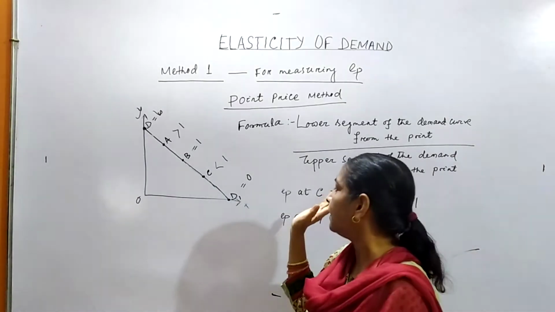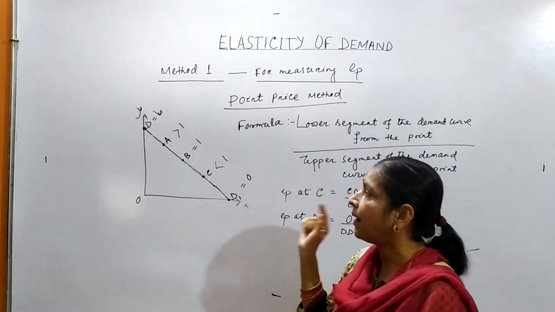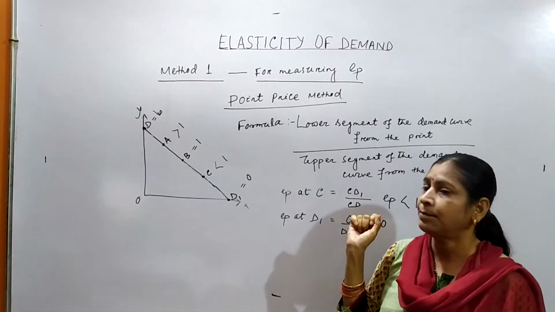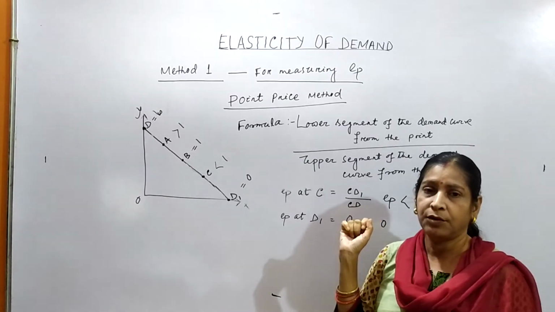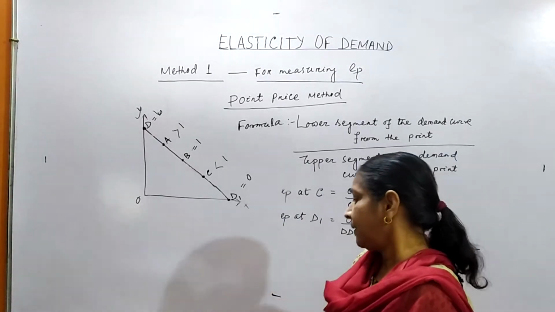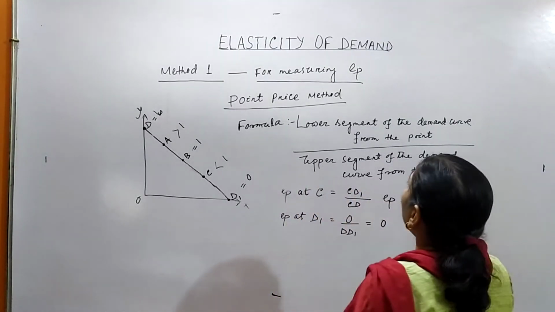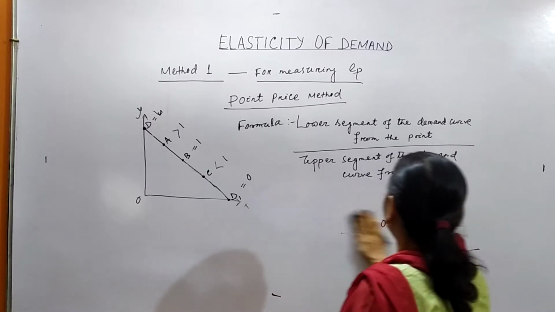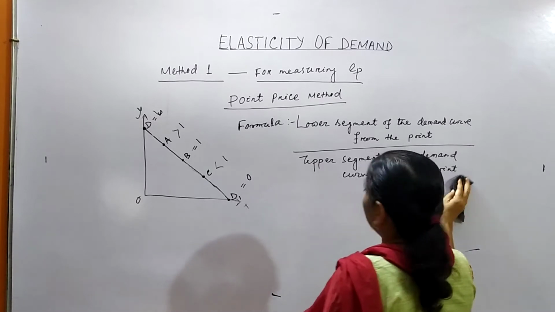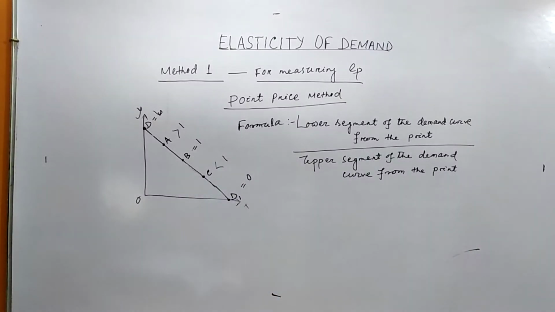So in these cases of very small change, we can apply this point price method or point method to measure price elasticity of demand. Friends, this is the linear demand curve case. How can we determine the value of EP on a non-linear demand curve at a particular point?